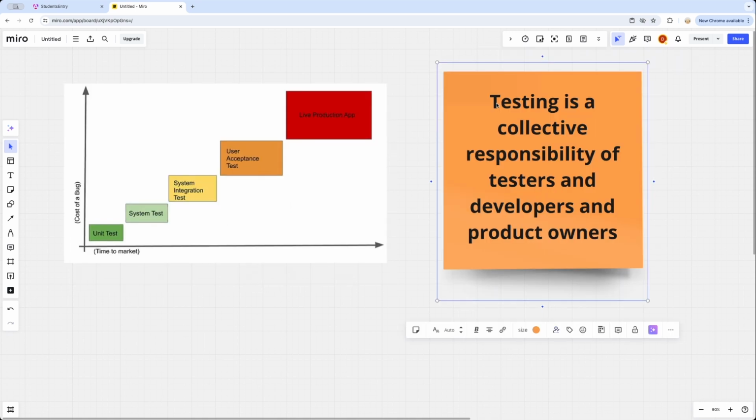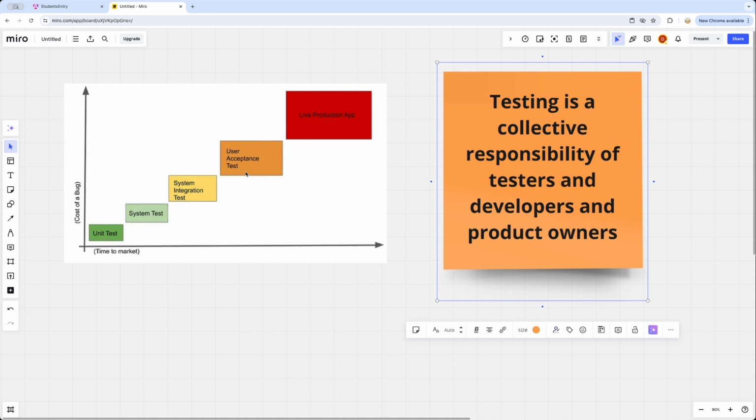So why am I saying that testing is a collective responsibility? Consider this diagram. Assume a scenario where testing is not a collective responsibility of all the parties. What would happen? You would probably go light on testing, and if you go light on testing, there are high chances that you would send a buggy product to the market.